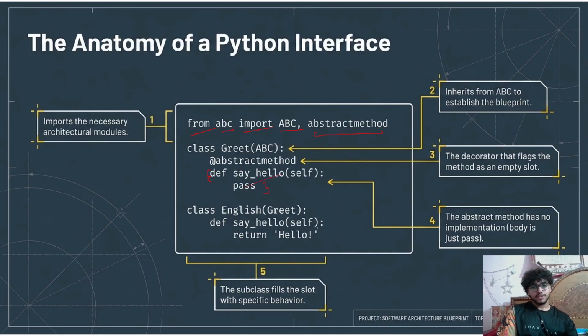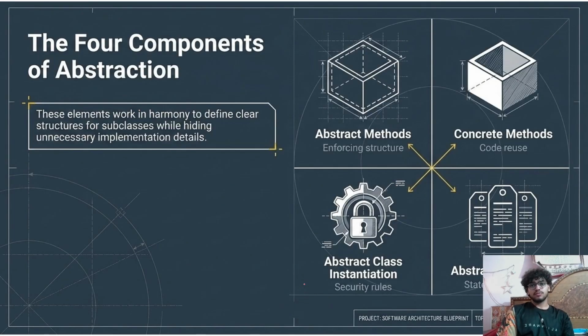Now this abstract method has no implementation. It's just using pass, and in English we use greet and we say hello. So the subclass fills the slot with specific behavior. There are four components of abstraction: abstract method, concrete methods, abstract class instantiation, and abstract properties.